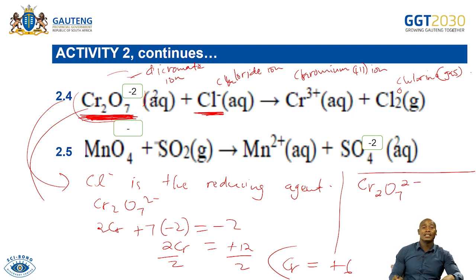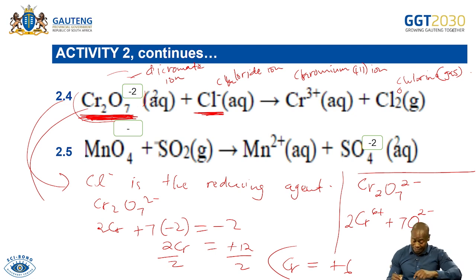For me to get a total of 2 minus, it means I have Cr6 plus and O2 minus. But how many chromium atoms? There are 2. How many oxygen atoms? There are 7.